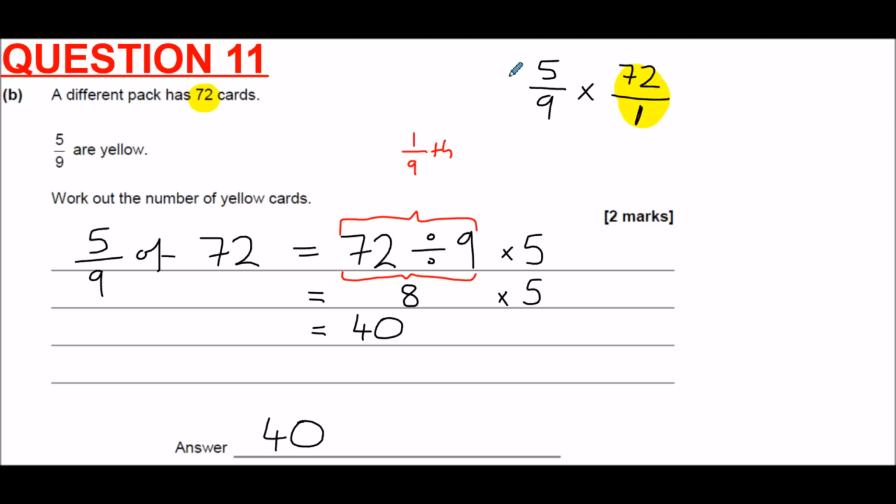Now what we can do is multiply a fraction by another fraction by just multiplying across. As I say, this method isn't the easiest. I think this one we did earlier is easier, but just to show you how it would work. So 5 multiplied by 72 at the top.